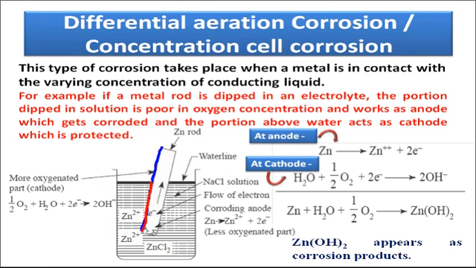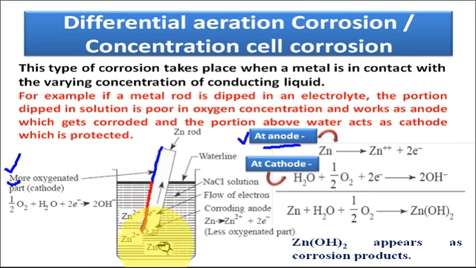Always remember that the part which is in contact with less oxygen, the poorly oxygenated part, will always behave as the anode. Where the oxygen concentration is less, that part of the metal will always behave as the anode, while the more oxygenated part will always behave as the cathode.